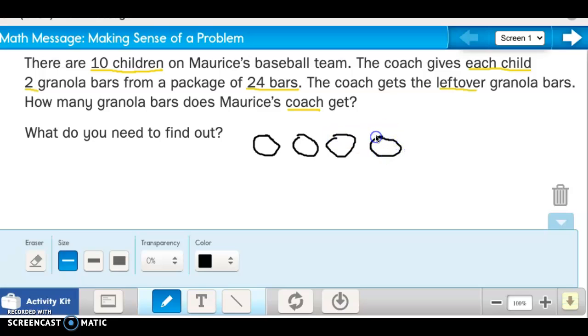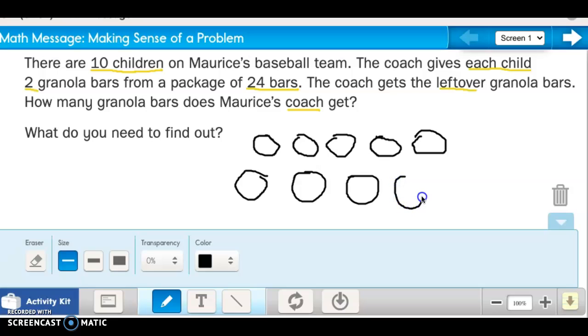And if you are on the journal page, you can see that underneath on that page there is a lot of space to draw because they want you to figure it out with drawings and scribblings. You don't have to erase. It's okay. We want to see how you solve it.